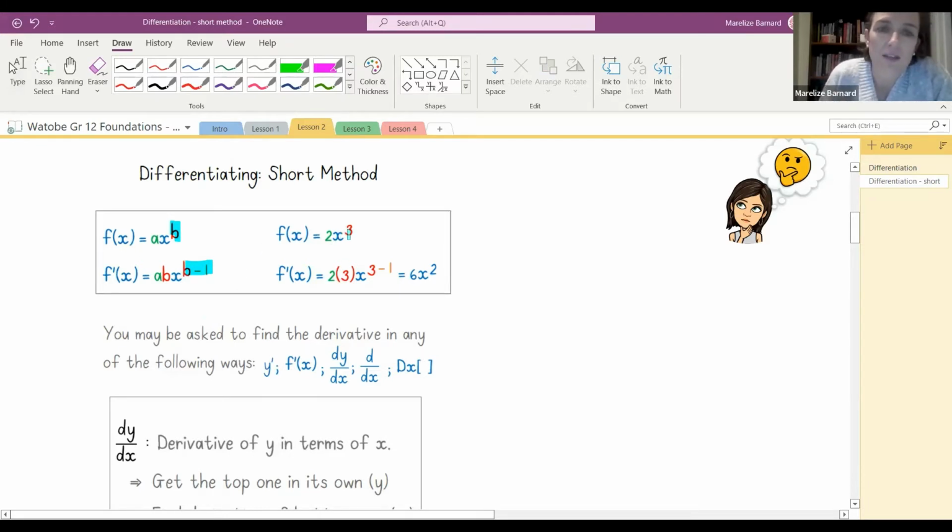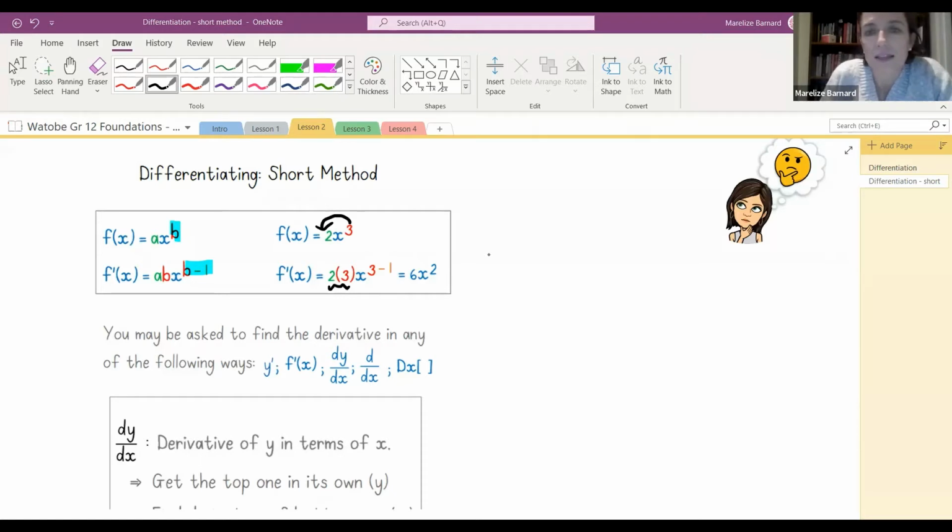Here's a quick example. We take the 3, that's our exponent. We times it by the 2, so that's 2 times 3, and we subtract 1 from the 3, and our derivative is then 6x squared. That's the process that we follow. That's the first rule.